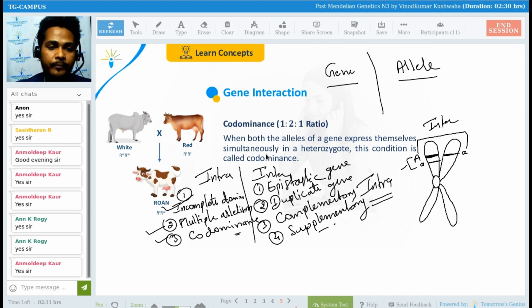Codominance, as I told you, is the interaction between different alleles. Codominance is when both the alleles of a gene express. The name itself indicates it: co means together, dominance, right? So when both the alleles of a gene express themselves simultaneously in the heterozygous condition, it is called codominance.